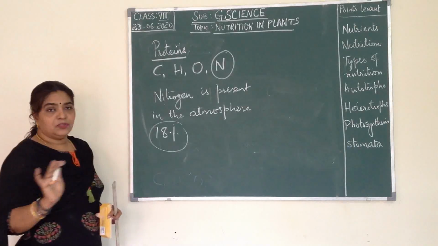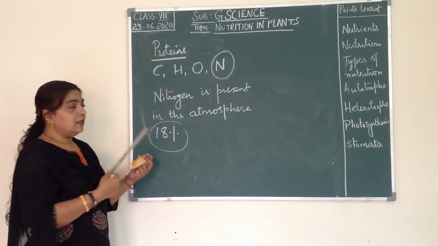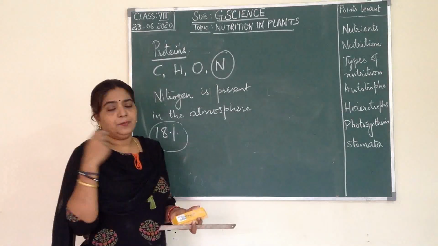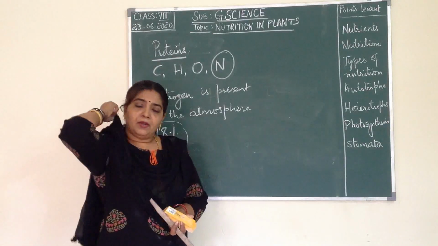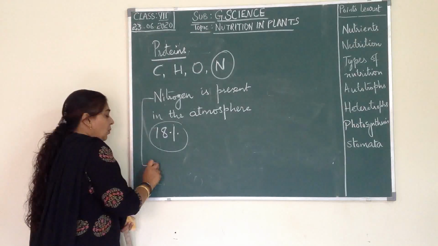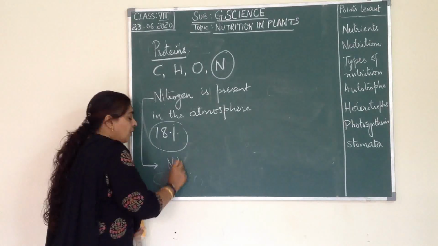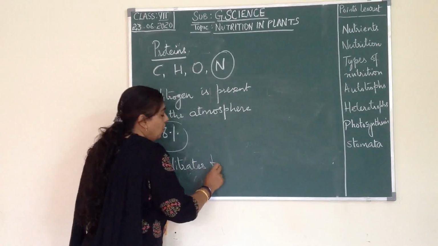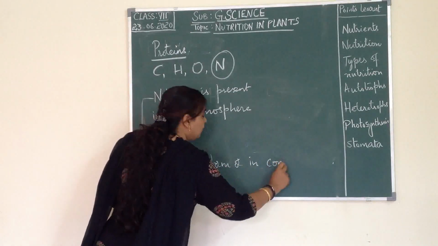But this nitrogen cannot be utilized by the plants directly. They cannot take nitrogen directly, like how they take carbon dioxide present in the atmosphere, right? But not nitrogen. They have to take nitrogen only in the form of nitrates or in compound form.